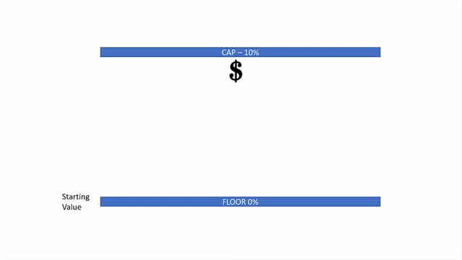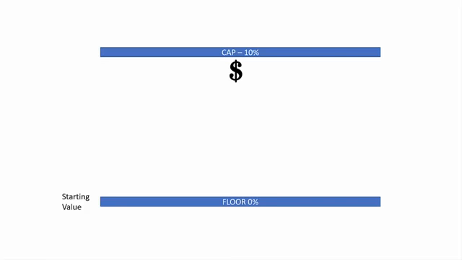Now, every single year, you start back over. So your new starting value, beginning in year two, is going to be 1,100. If you end at 1,100, or if you end at 900, or 800, or 700, it doesn't matter. The worst that you can do is 0%. That's your floor. So if in year one, you cap out at 10%, whatever you've earned is locked in.